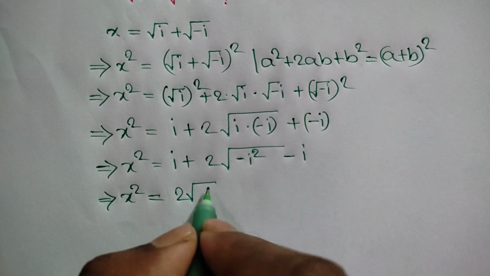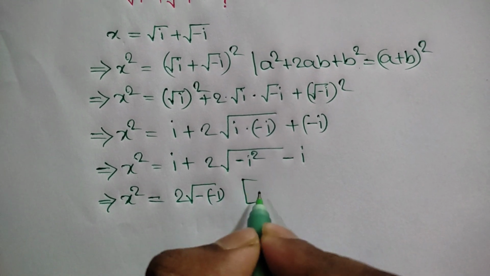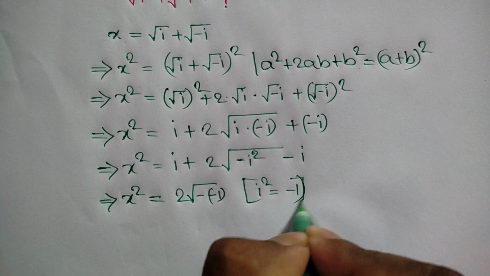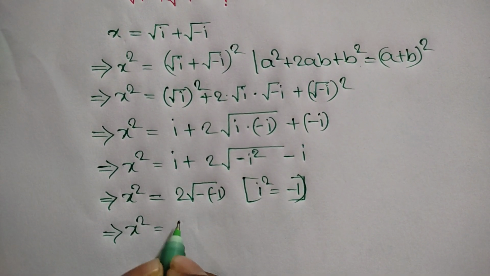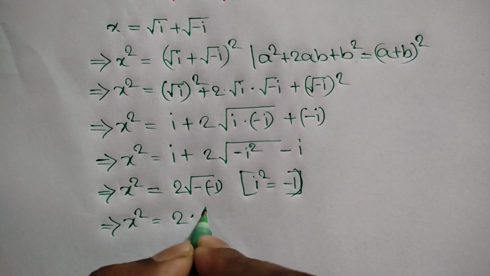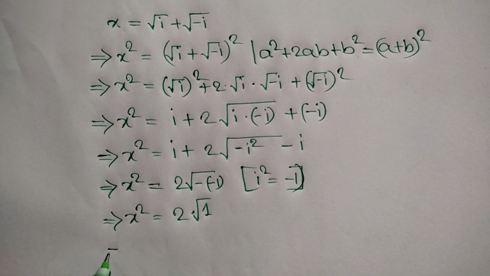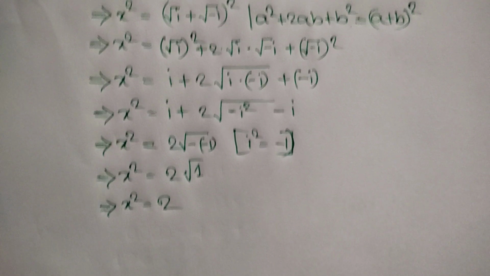Now here we will get negative one, because i square is equal to negative one, or x square is equal to 2 times square root of one, so x square is equal to 2.